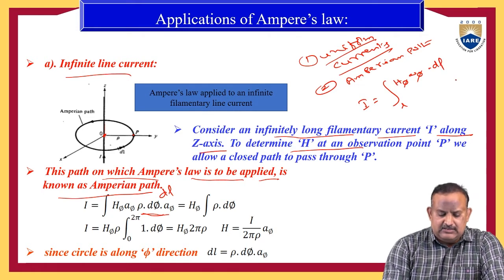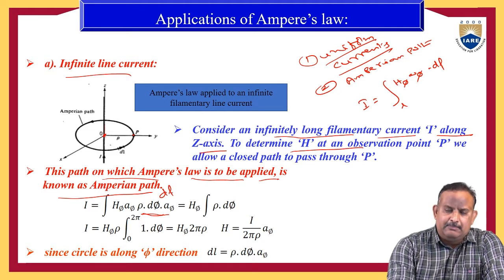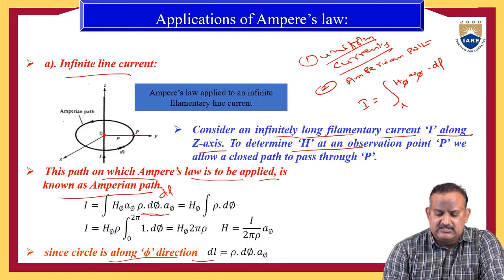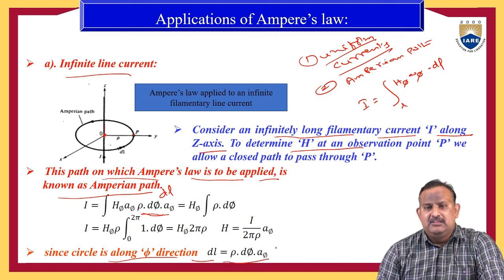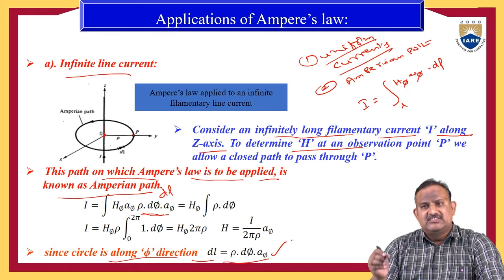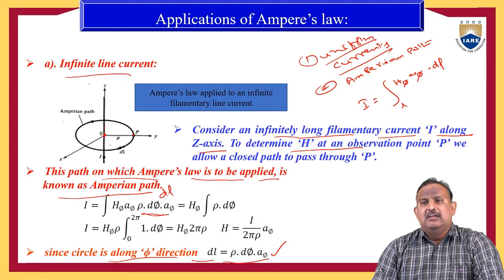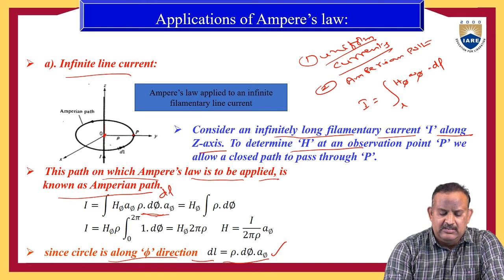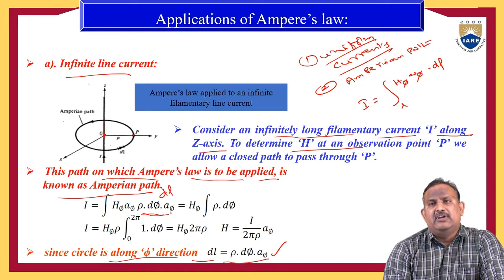Since the Amperian path is a circle along the phi direction, in place of dl we can write rho d phi into A phi, where A phi is a unit vector along the phi direction.